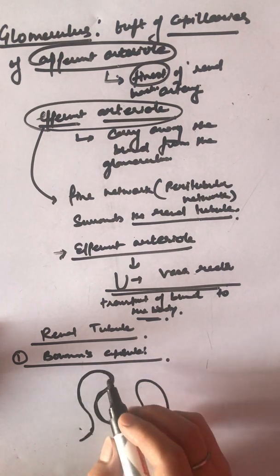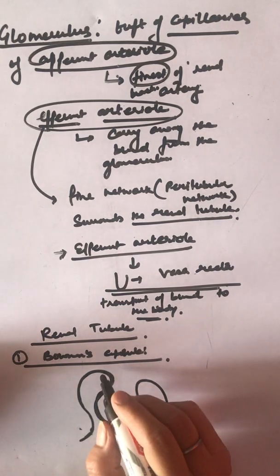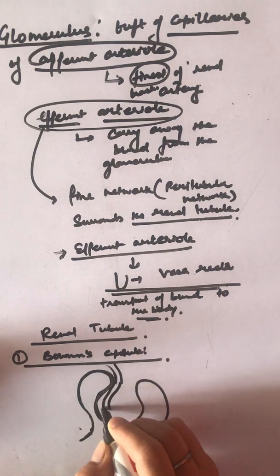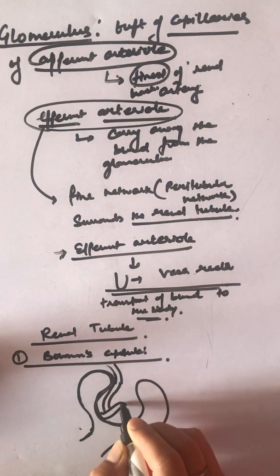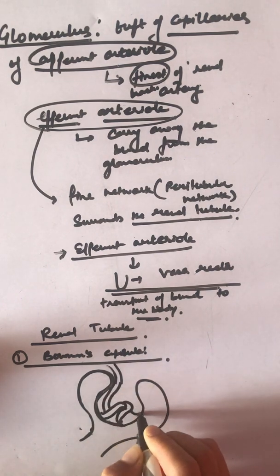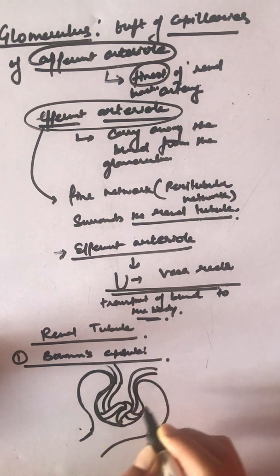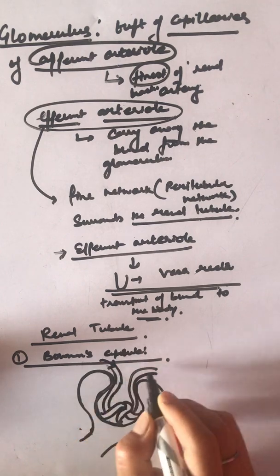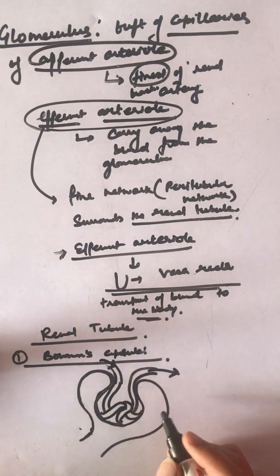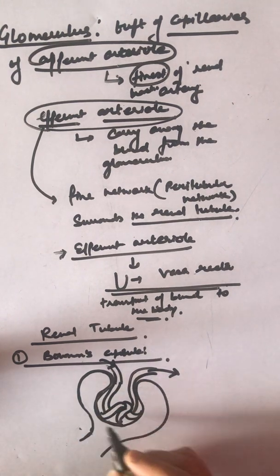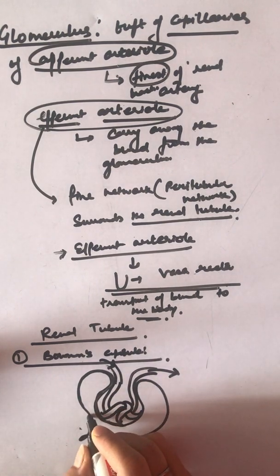And over here we say that a tuft of afferent artery has entered, and when it enters it will automatically be taken up by another tuft and it moves out. Okay, so this is to enter, this is to exit. And this entire cup-shaped structure is known as Bowman's capsule.